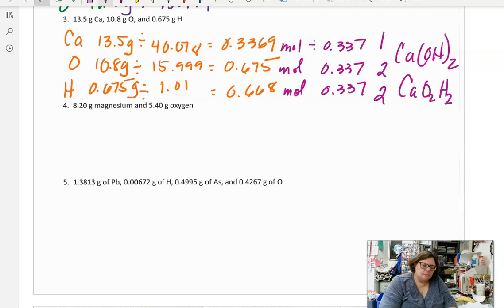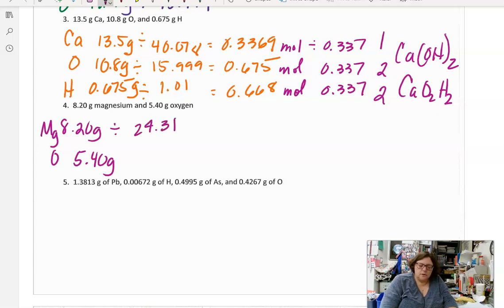Next guy, 8.20 grams of magnesium, 5.40 grams of oxygen. Magnesium is 24.31.